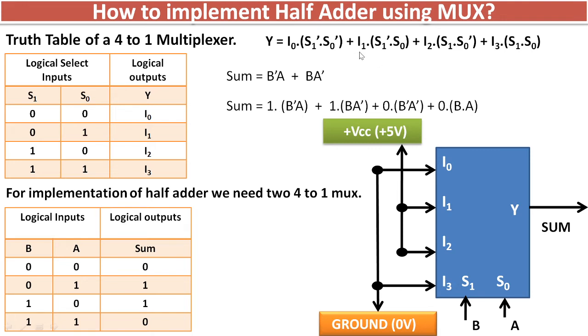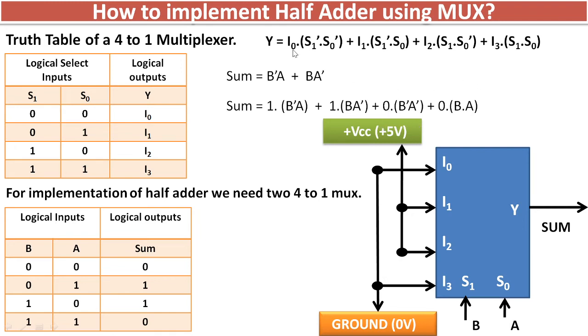So I1 can be connected directly to plus 5. Similarly, B A bar: compare this to the expression here. We can compare it with this particular term, which has I2, which is 1. So we connect I2 with plus 5. Similarly, the other two terms have 0.